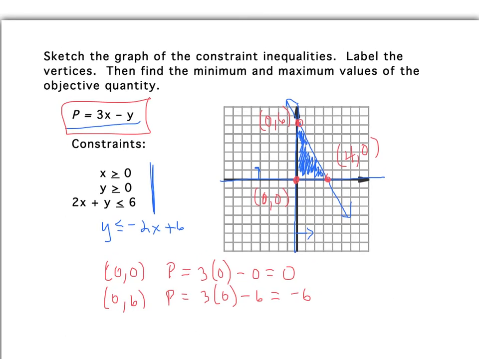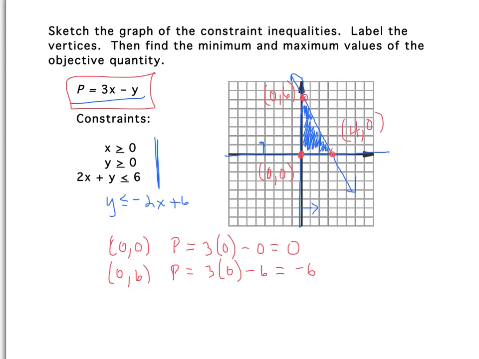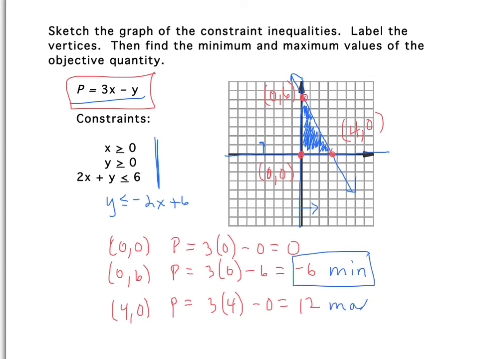And then (4, 0) gives me a P of 3 times 4 minus 0 or 12. So my minimum is negative 6 and 12 is my max.